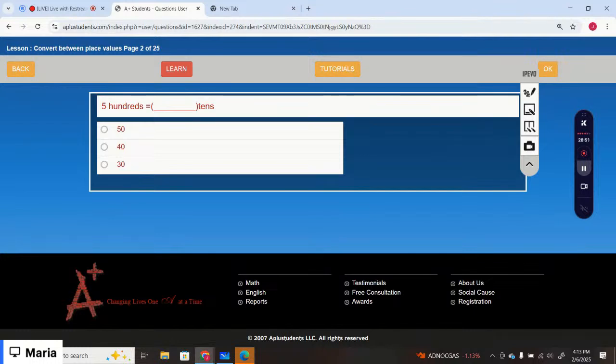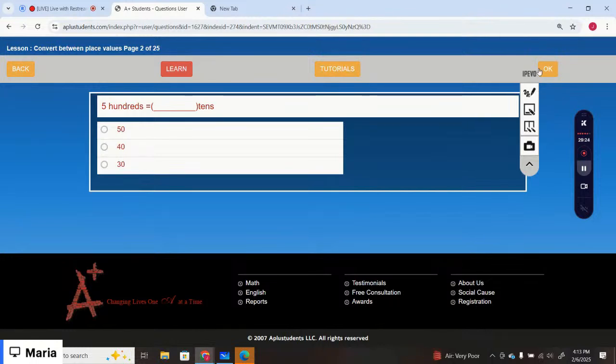500 is equal to how many tens? 500 is equal to 50 tens.